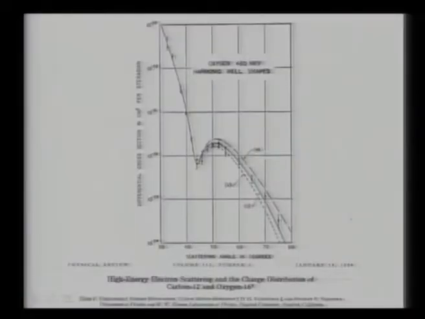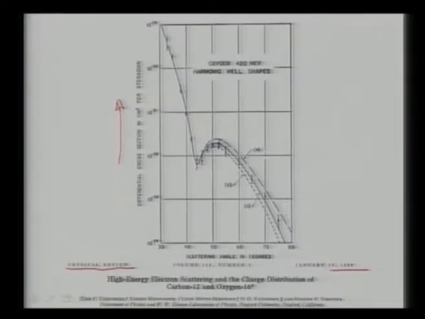All right. So, this is taken from a Physical Review paper, Physical Review, January 15, 1959, high energy electron scattering and charge distribution of carbon 12 and oxygen 16. So, look at this curve. On the y axis, it is a differential cross section in centimeters squared per steradian.